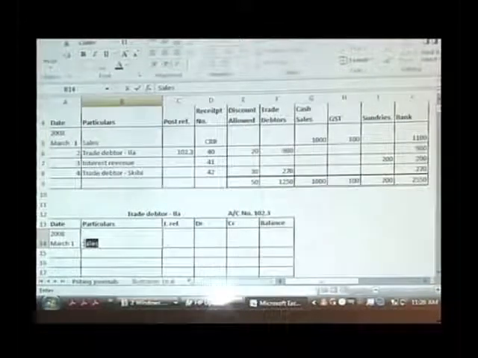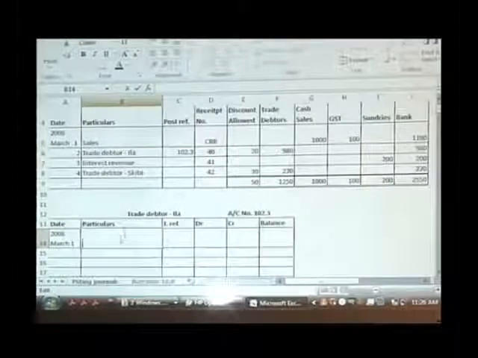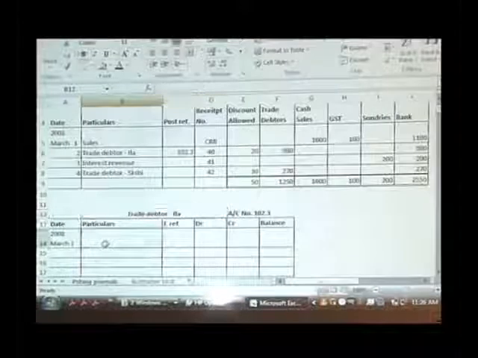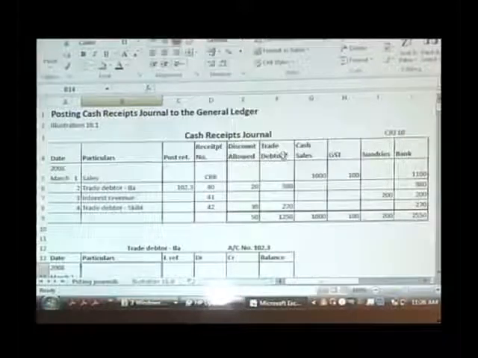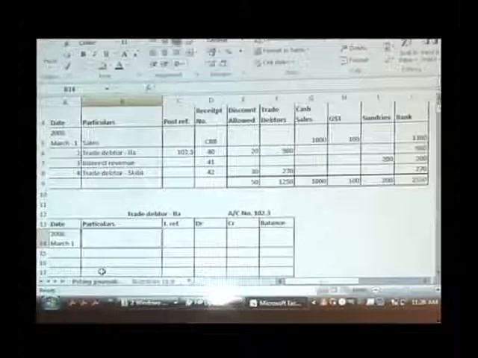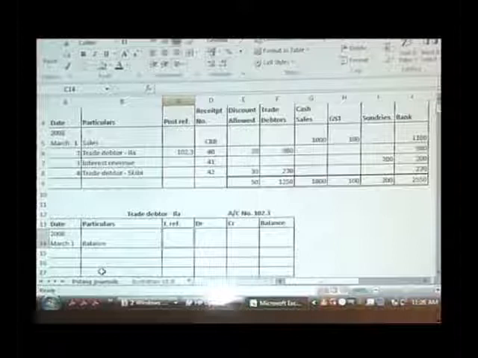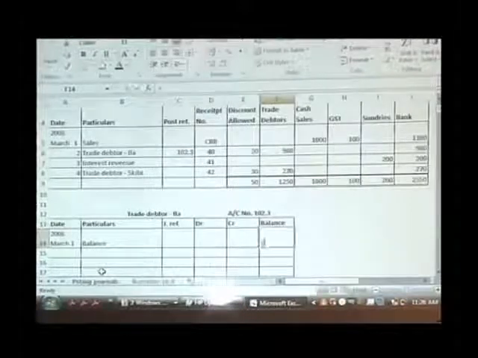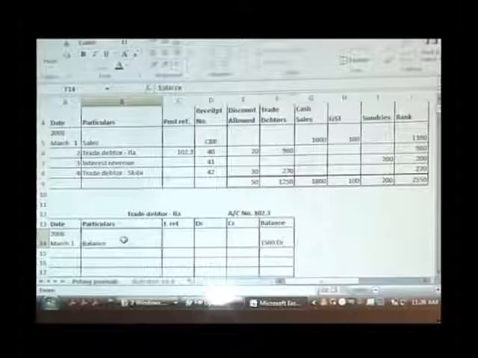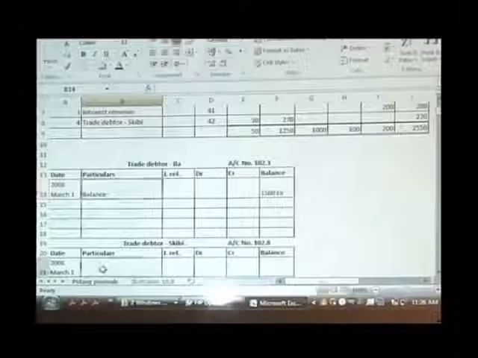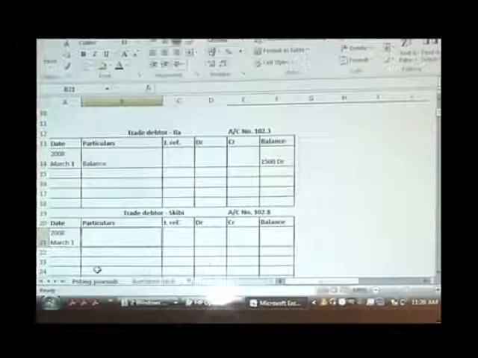The first thing is to enter opening balances before you make any transfers from the cash receipts journal. In ILA's account, the opening balance is 1,500 debit balance as per the question. Then Skibi, there is a balance on this date.